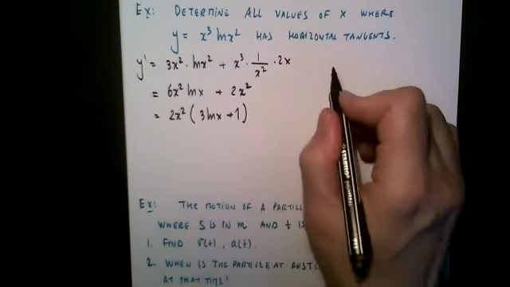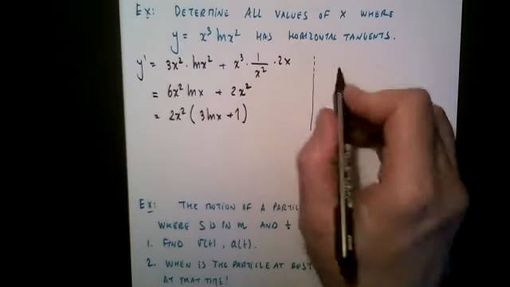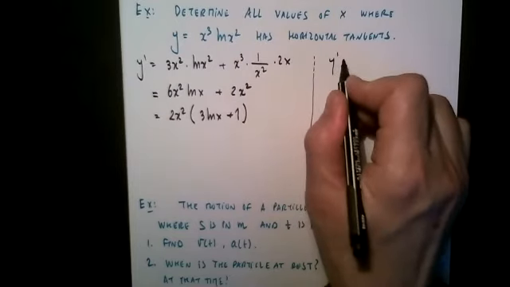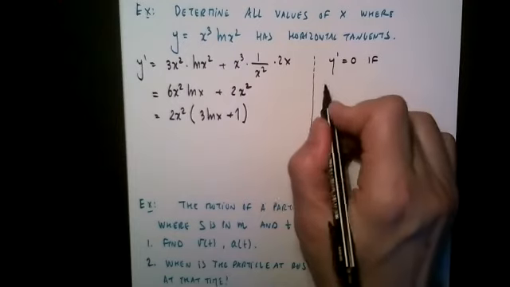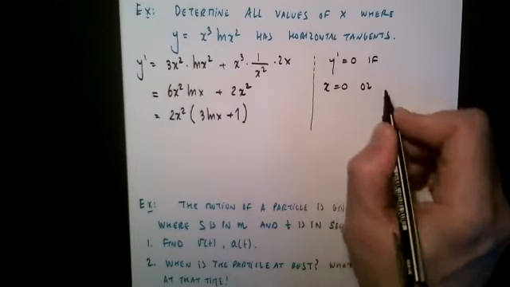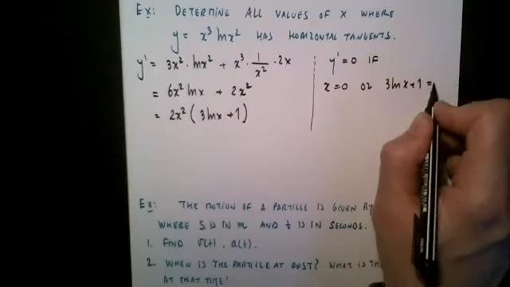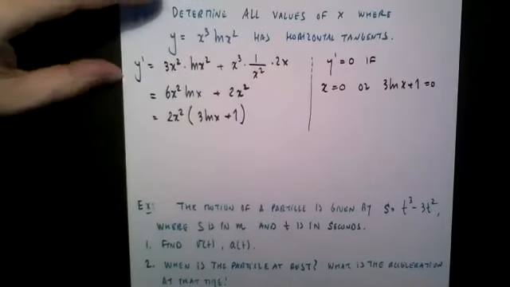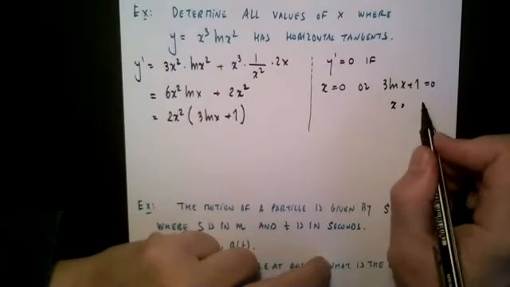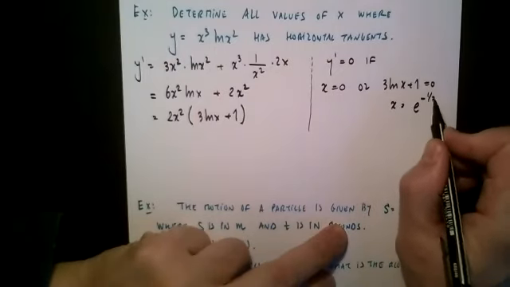Okay, so y prime is equal to 0 if what? Either x is 0 or 3 ln x plus 1 equals 0, which means that x is e to the power of minus 1/3.